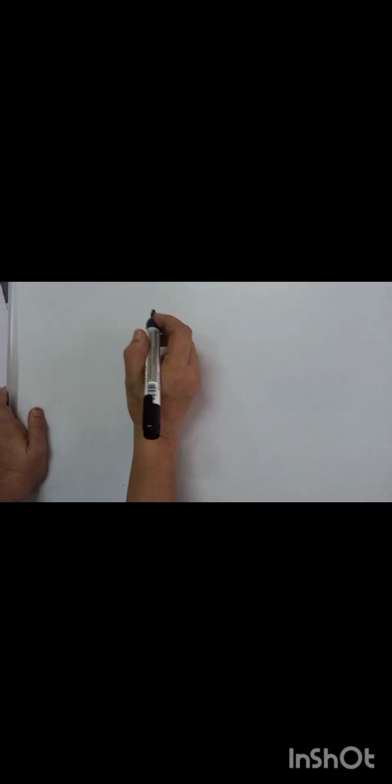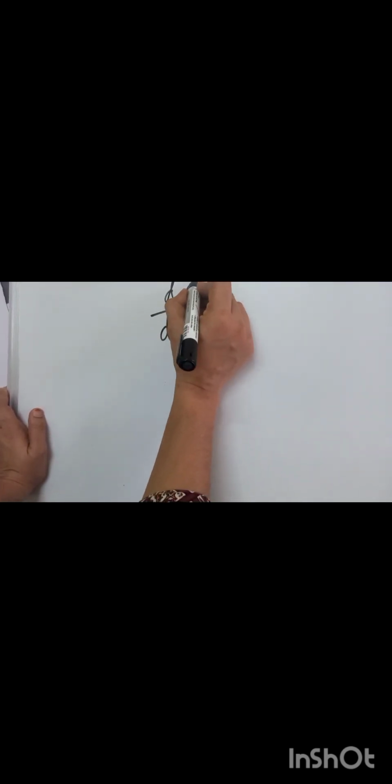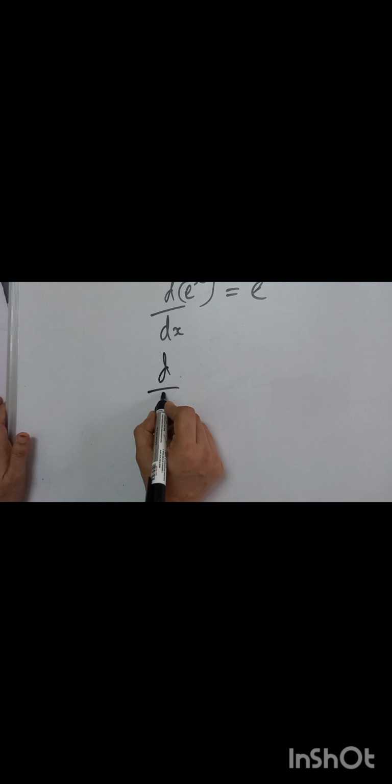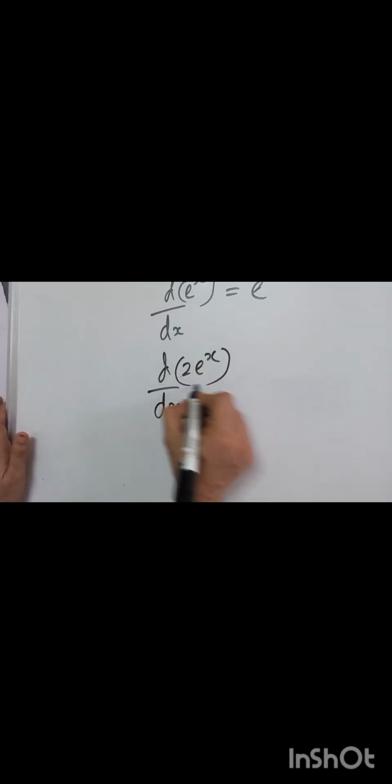Next, we can see some problems for derivatives of the exponential functions. We know that the derivative of the exponential function e to the power x is the same, no change, e to the power x. But if there are constants coming in combination, what do you need to do? For example, d by dx of 2e to the power x.